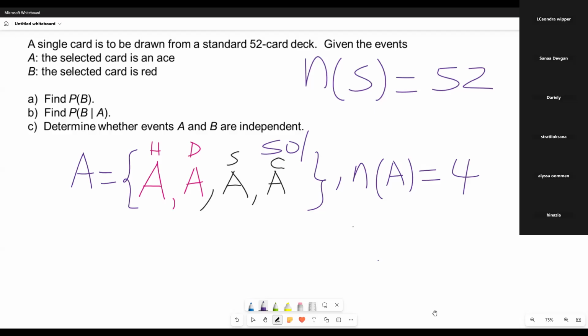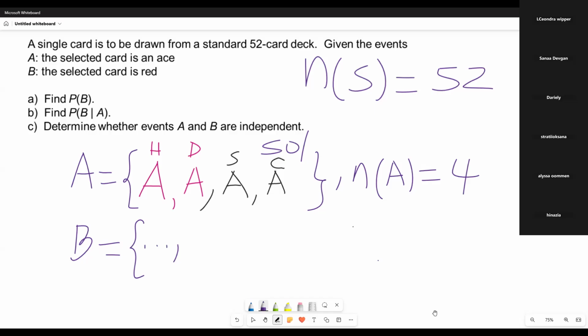about B. B, the card is red. So how many red cards do you have in the standard 52 card deck? Anyone? We talked about this last time. Okay, talking about red cards, there are 26 red cards. Hearts we've got 13, diamonds we've got 13, that's 26.